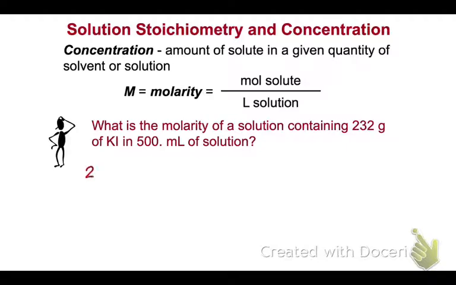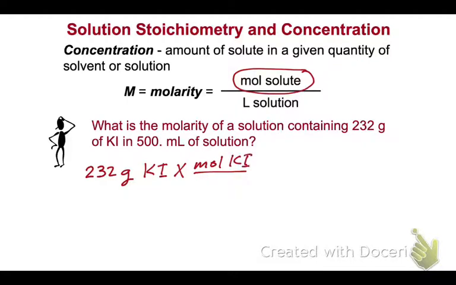So I'm going to start with 232 grams of potassium iodide, and I'm going to convert that into moles because I need the moles of the solute. So for 1 mole of potassium iodide, the molar mass will be 166.0 grams of potassium iodide.